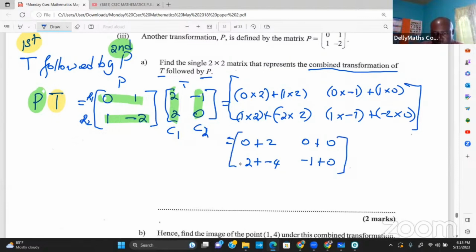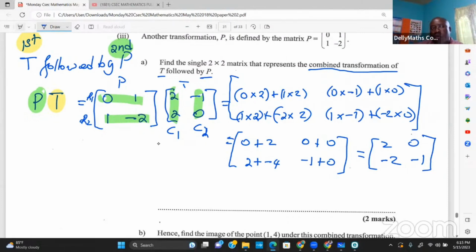Let's break it down some more. Finally, I'm getting 2, 0, -2, -1. So when you take your time, work your thing, try not to error. 2, 0, -2, -1. And there it is.